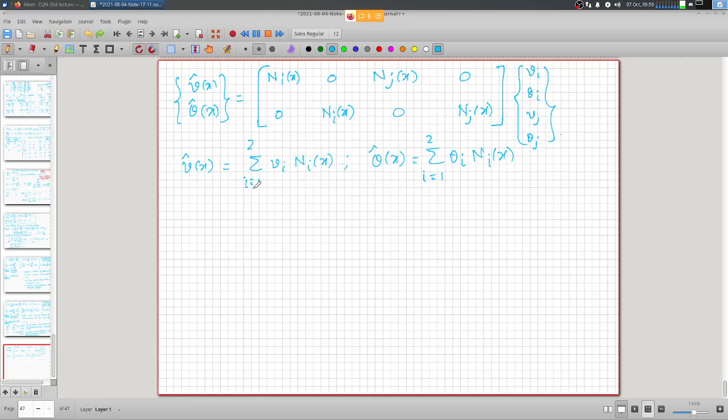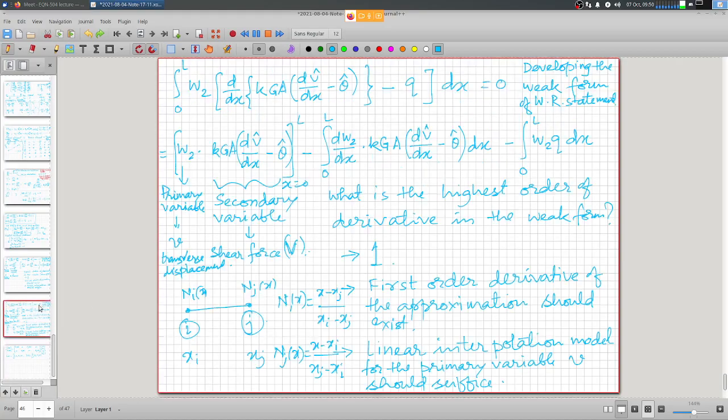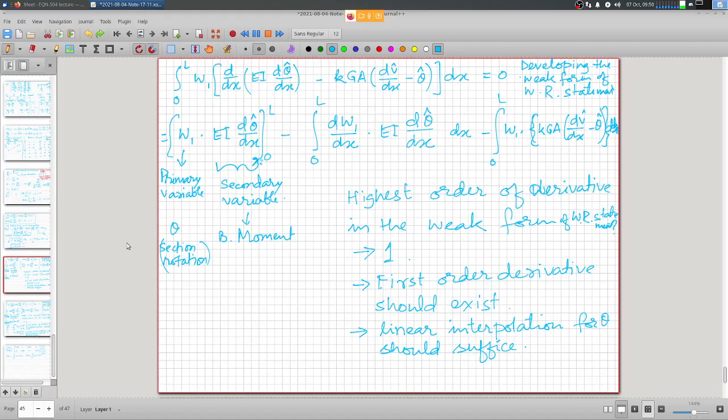So once you substitute this in the weak form statement, we can choose W as N1 and N2 and get the equations. For the first row, by choice of W1 as N1 we will get one equation. For the choice of W1 as N2 we will get another equation.